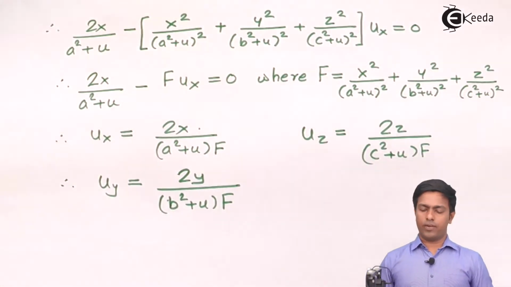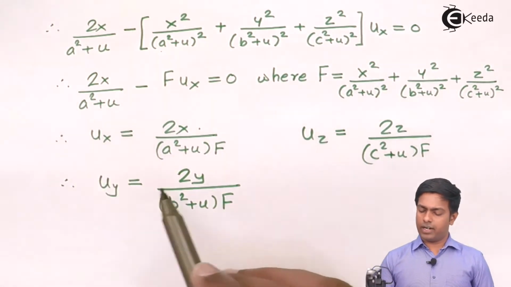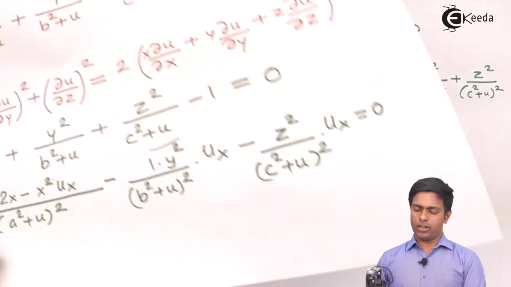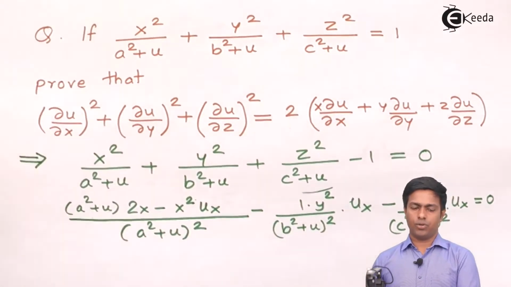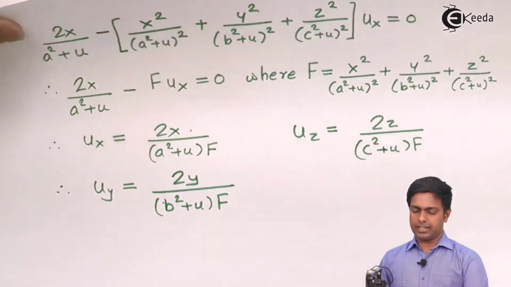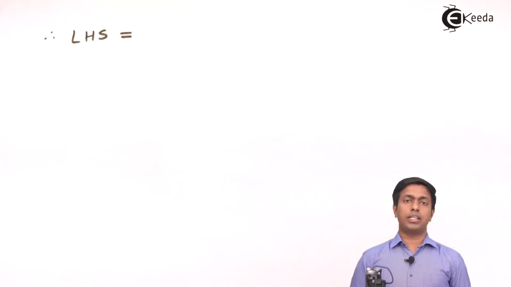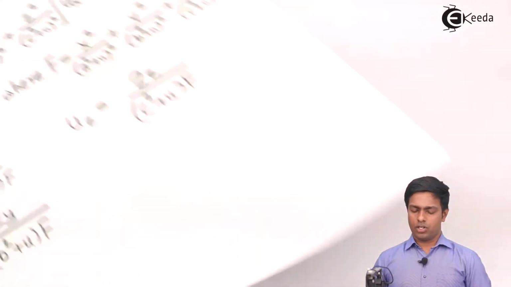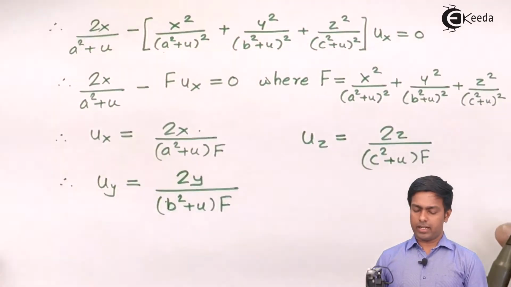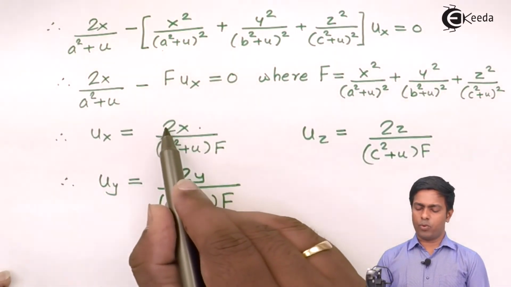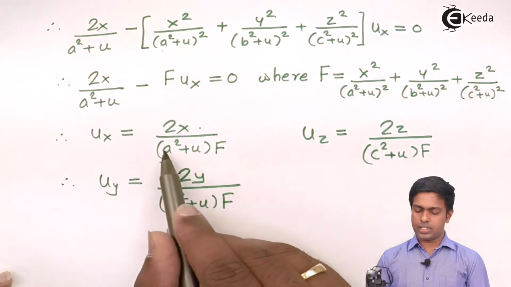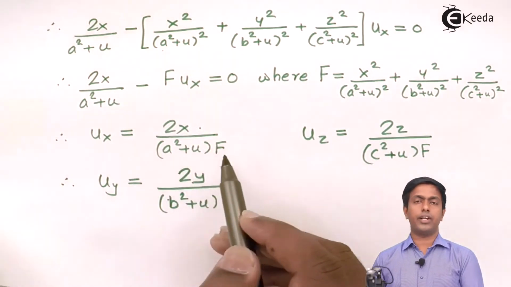So guys, here we got the value of del u by del x, del u by del y, and del u by del z. Now we'll put all these values in LHS. So let's start. So here I'll say therefore LHS is equal to, so the first term is del u by del x the whole square. So let's square this term. So this will be 4x square upon a square plus u the whole square into f square.